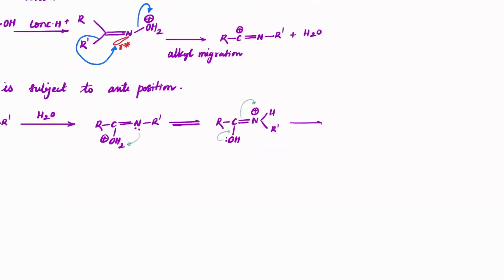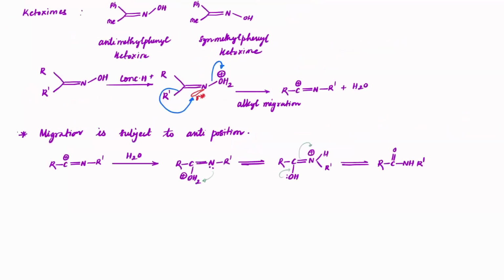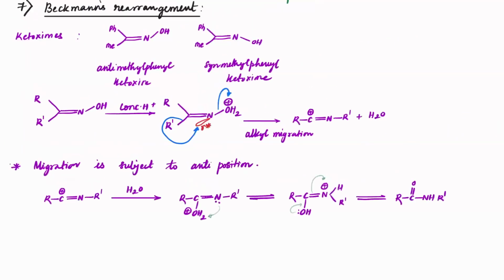Thus, it will eventually convert into an amide form: RC double bond O NHR dash. Got it? So in Beckmann's rearrangement, what has been observed is it has to be on the anti-position only. Then only the migration will take place. Got it?